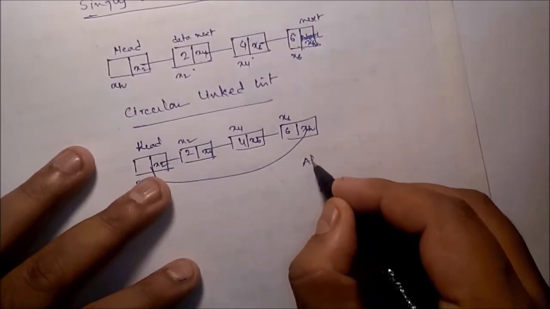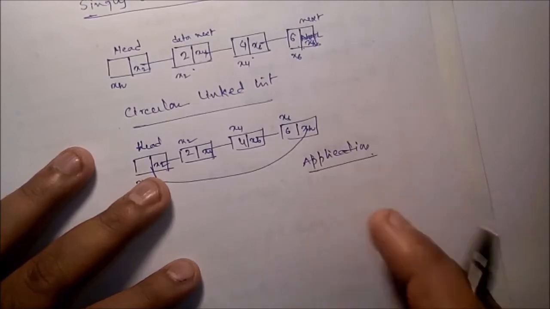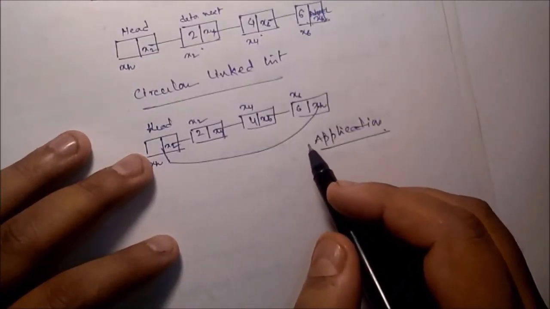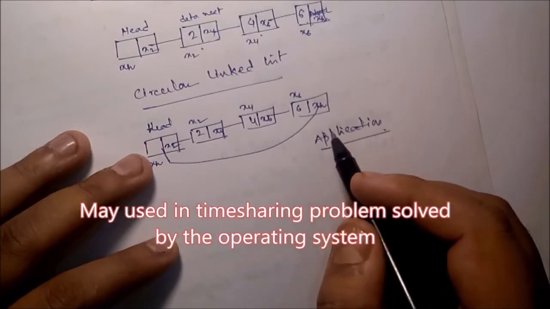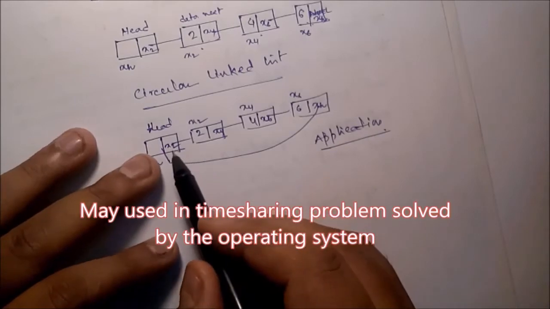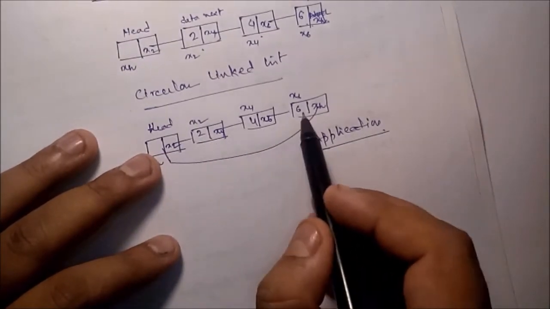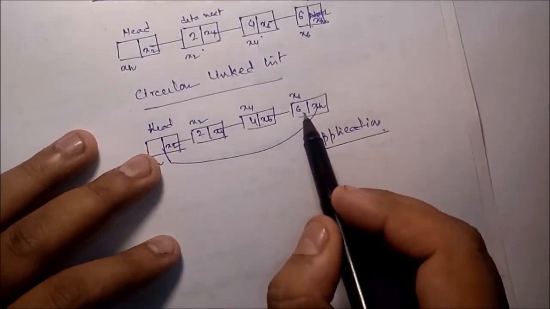Now, an application of the circular linked list. We may use it for CPU scheduling on a time sharing basis. Suppose three jobs are there: job 1, job 2, job 3, and the time required to execute them is 2, 4, 6.